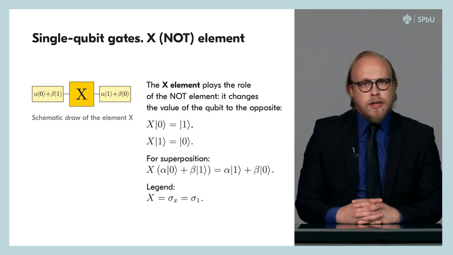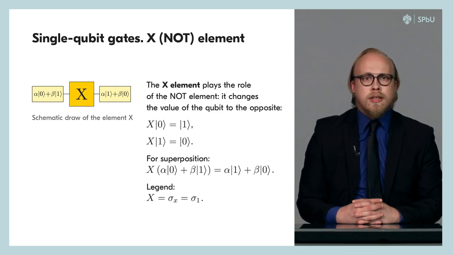Thus, if the qubit at the input of the element x was in the superposition alpha multiplied by the state vector 0 plus beta multiplied by the state vector 1, then at its output we will get the superposition alpha multiplied by the state vector 1 plus beta multiplied by the state vector 0.